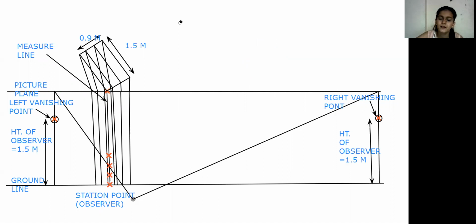Yeah. Now what do we have to do? Connect these 4 points of the measure line to the right side vanishing point. Connect all these 4 points with our right vanishing point.